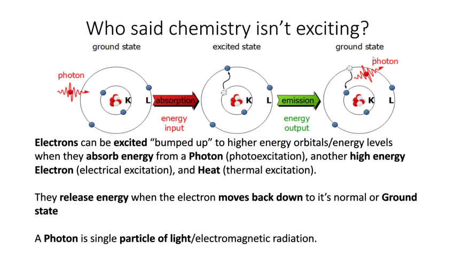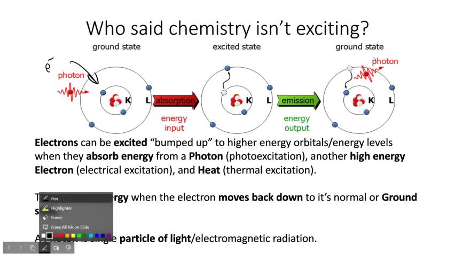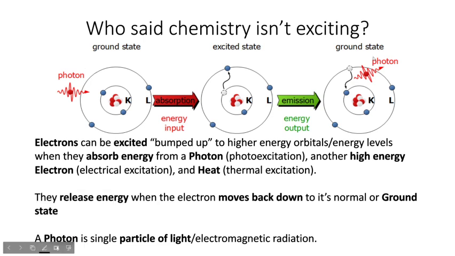Another way to excite them is with a high energy electron bumping into it. So if you have some electron here that's high energy, it comes and bumps into this particular atom, one of the electrons here, and that can also cause an excitation. And then the other way, thermal excitation. So let's say you got some nice fire going on here.